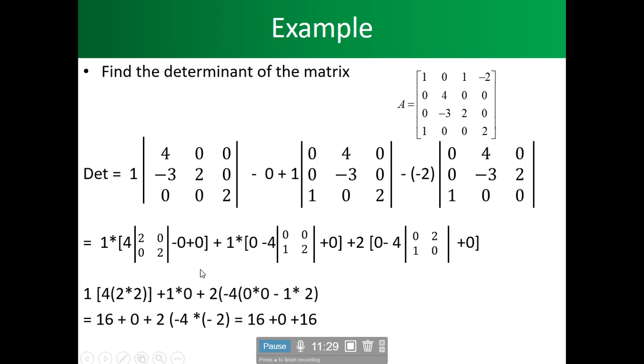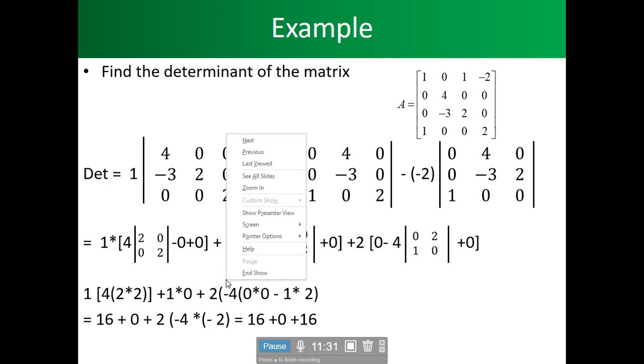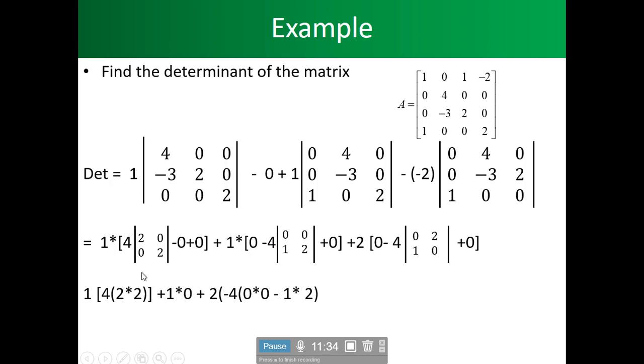The next obvious thing that we want to do is take this 1 times the 4, and here it's 2 times 2. This is 0, this is 0, so then we have 1 times what? This is going to be times a 0. You have 2 zeros here, so this all goes to 0.